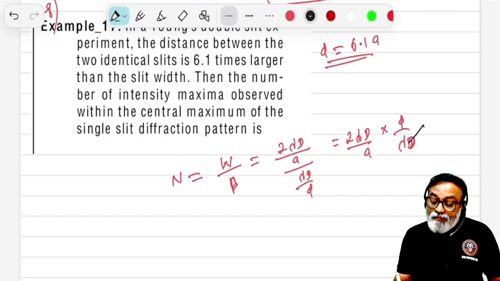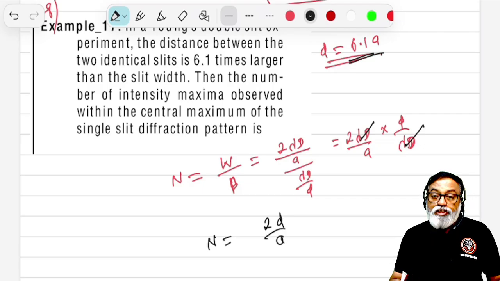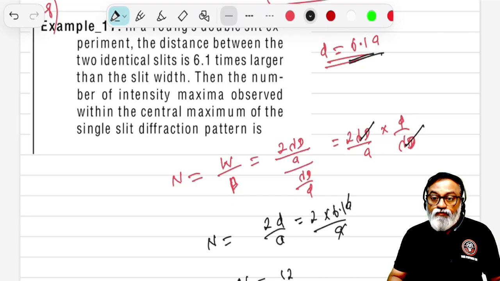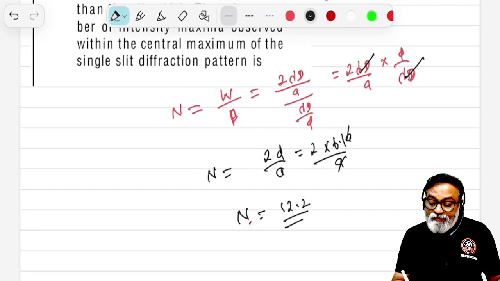Here this lambda D gets cancelled. N is equal to 2d by a, but d is equal to 6.1 a. Therefore 2 into 6.1 a by a, the a gets cancelled. Therefore n is equal to 12.2. Therefore the number of maxima n is equal to 12.